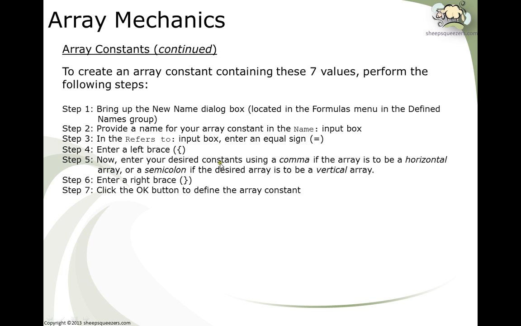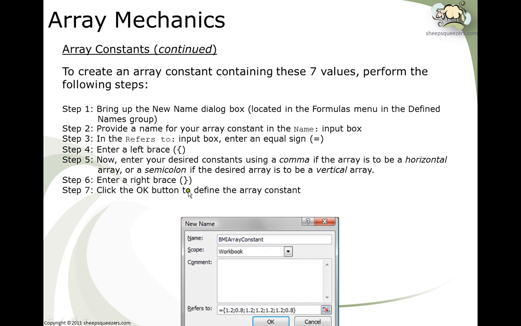Enter the desired constants using a comma if the array is to be a horizontal array, or use semicolons to delimit the values if the desired array is to be a vertical array, up and down. Enter the ending right brace to match up with the left brace and signal the end of the array constant, and then click the OK button to define the array constant.